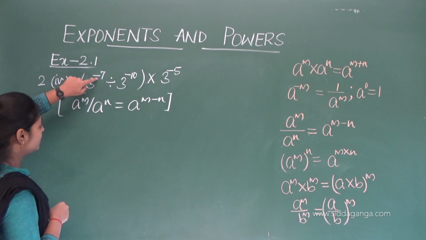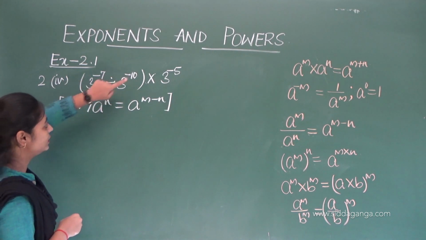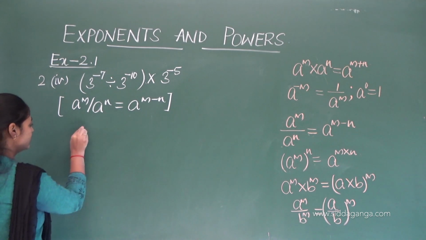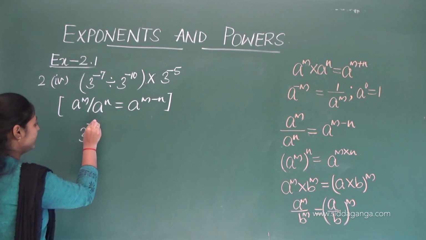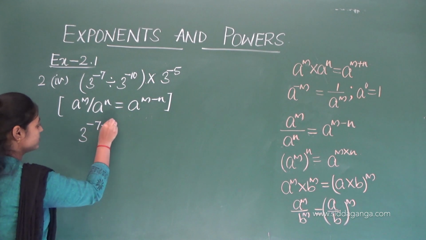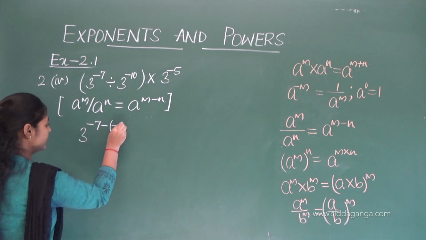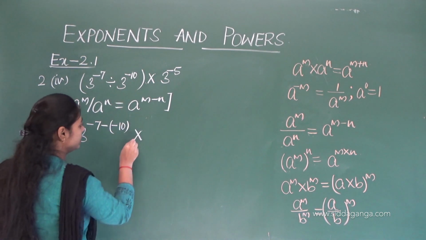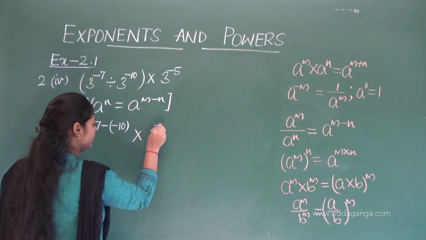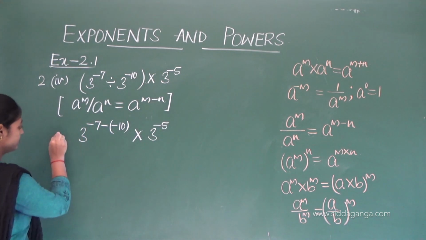So 3 to the power of minus 7 divided by 3 to the power of minus 10 is 3 to the power of minus 7 minus of minus 10, into 3 to the power of minus 5.